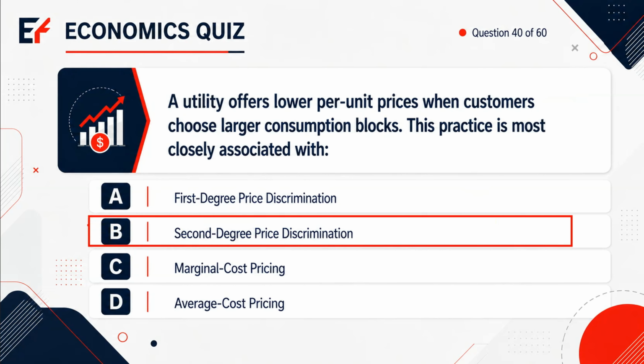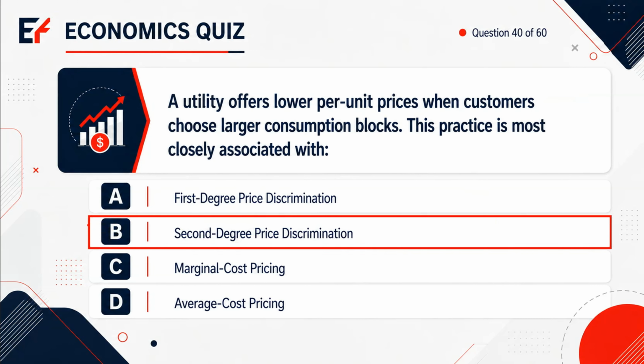Let's identify the pricing structure. Second-degree price discrimination occurs when prices vary according to the quantity purchased or the product version selected. In this case, customers receive a lower per unit price when they choose larger consumption blocks. Therefore, the pricing schedule encourages buyers to select higher quantities themselves.